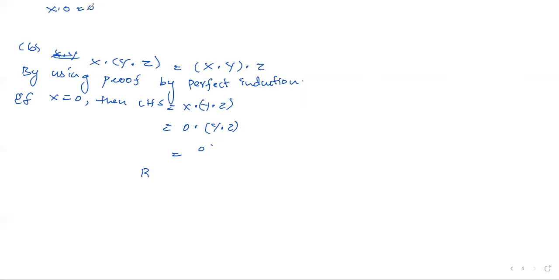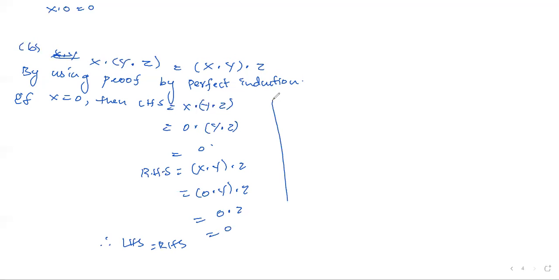We have the properties of zeros and ones. X and 0 will be 0. So if I am taking the RHS, x and y and z, see, x value is 0, and y and z. So 0 and z is 0. So therefore LHS is equal to RHS.